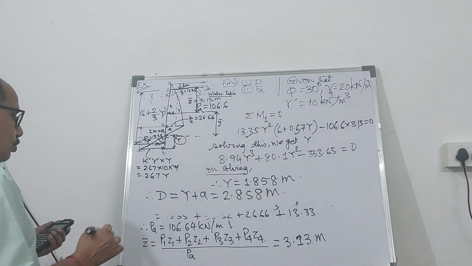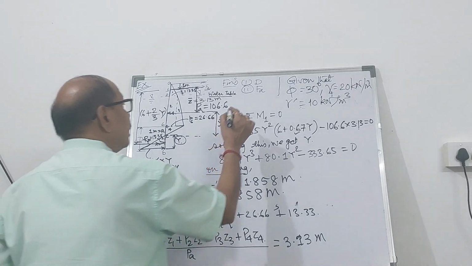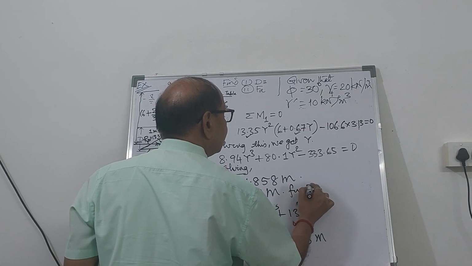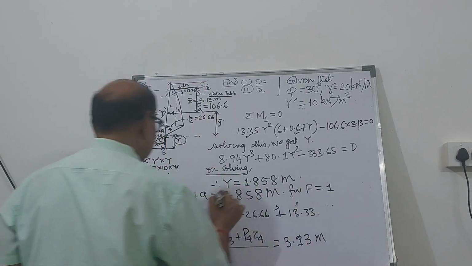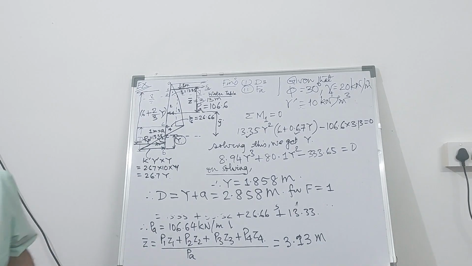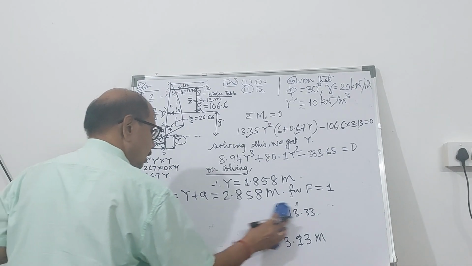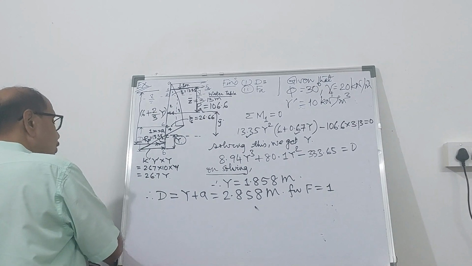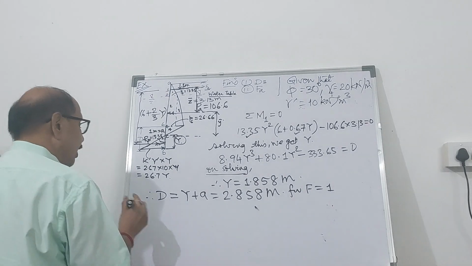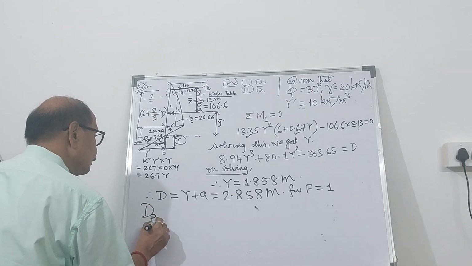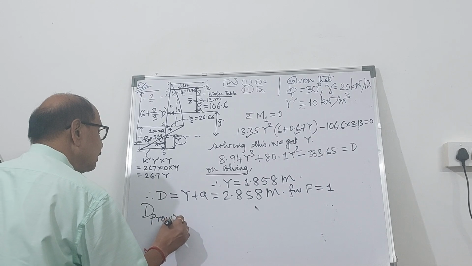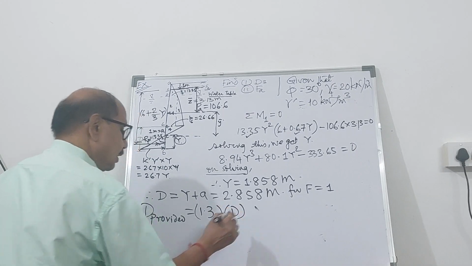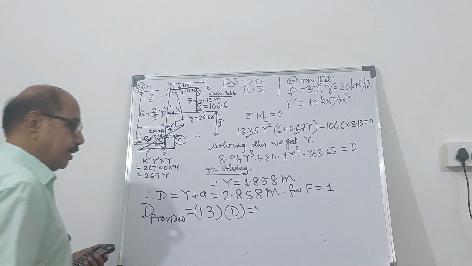So depth of embedment is for factor of safety equal to 1. So you increase it by 30% to provide the depth of embedment. So depth of embedment provided, D, which is to be provided, will be 1.3 times of D, and this you can calculate.